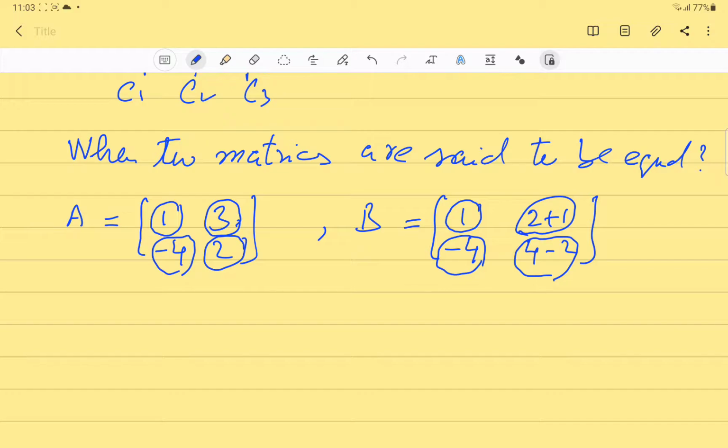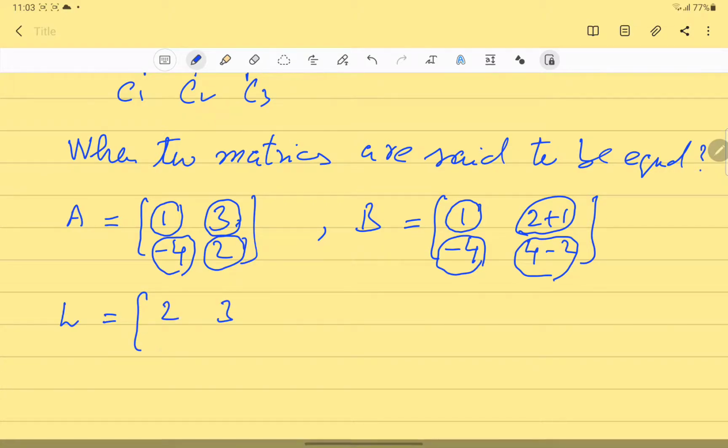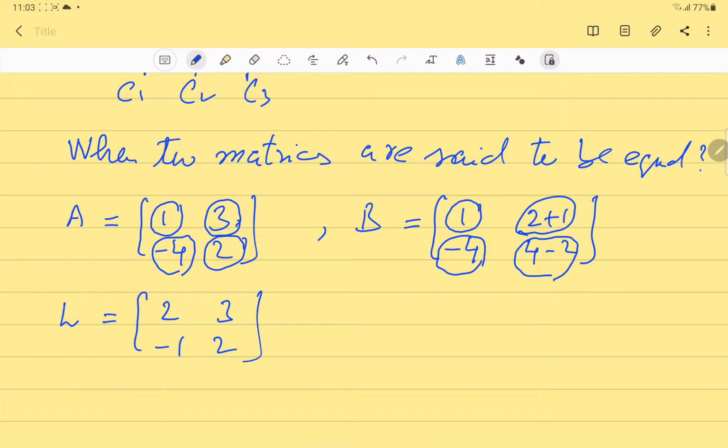Let's take another example. We have a matrix L equal to 2, 3, -1 and 2. Then we have a matrix M. Its entries are 2, 3, -1, -2. Let's apply both the conditions here. The first condition, that their order should be the same, is okay. Both are fulfilling this condition.